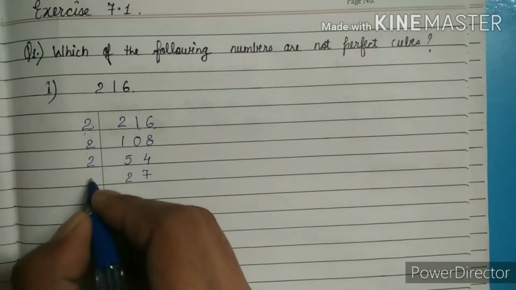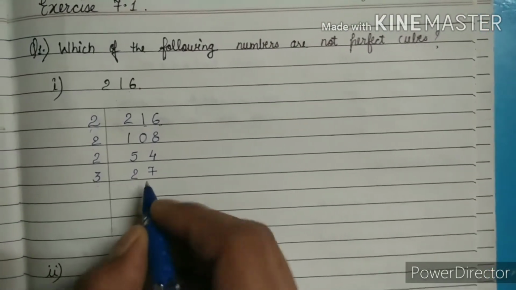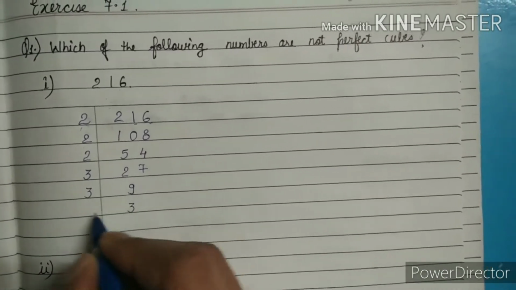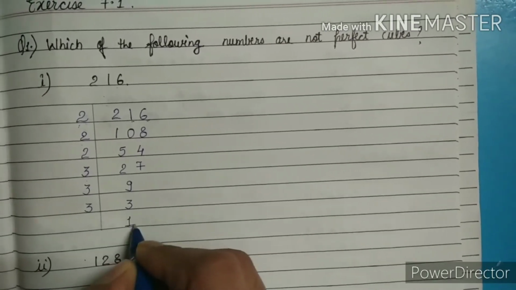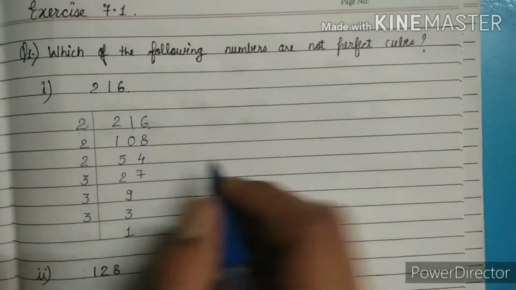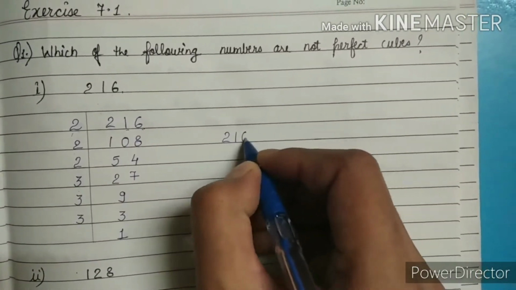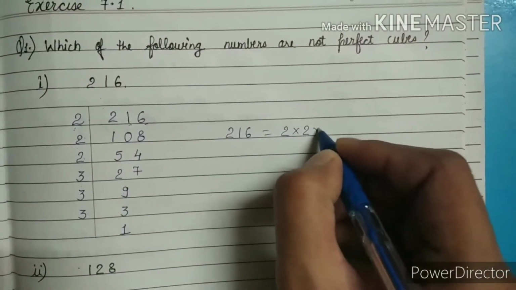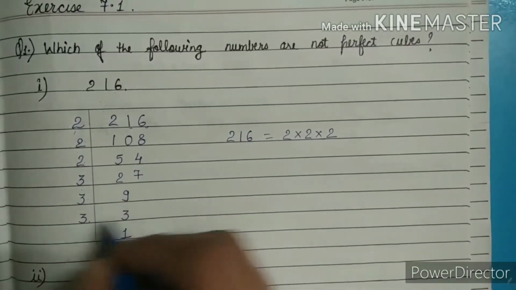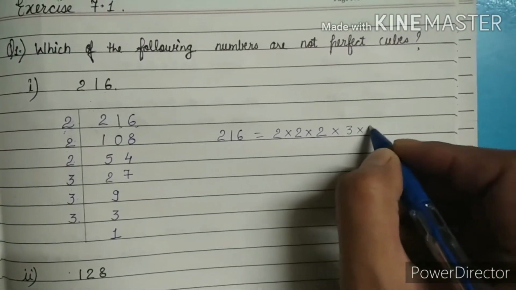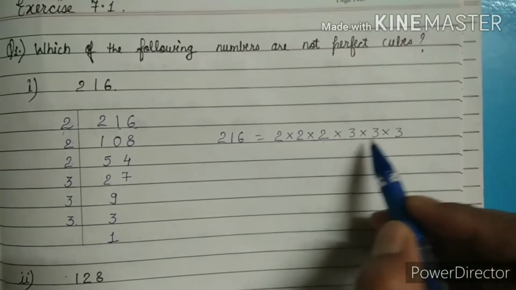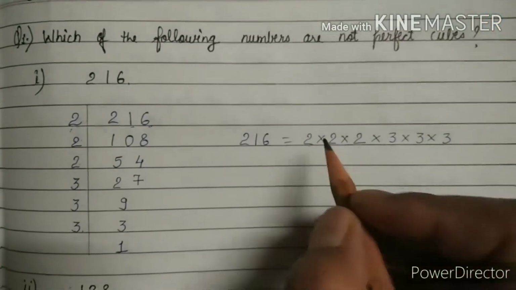Now from the table of 3, 3 9s are 27, 3 3s are 9, and 3 1 is 3. So the prime factors of 216 are 2 three times and 3 three times.